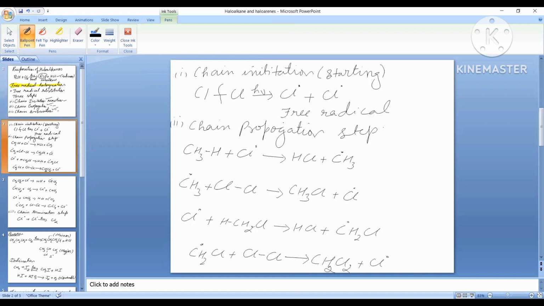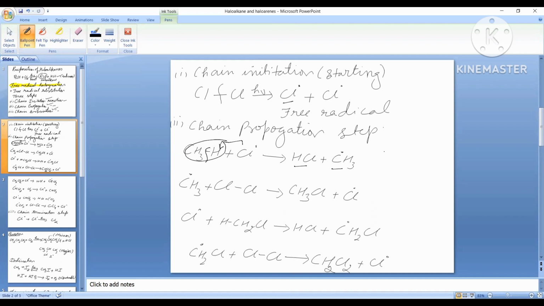Now, the next step. This free radical is formed and will attack the CH4 methane. This bond will break, the Cl bonds to H to make HCl, and the free radical comes to the CH3.